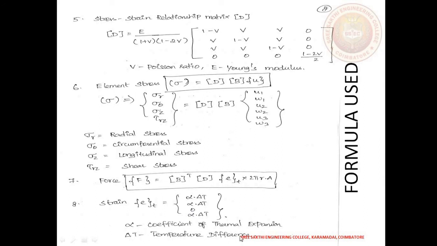Del T is nothing but the temperature difference. Okay. In the problem, the temperature is given, then you need to calculate the force. You need to calculate the force by using this seventh formula.